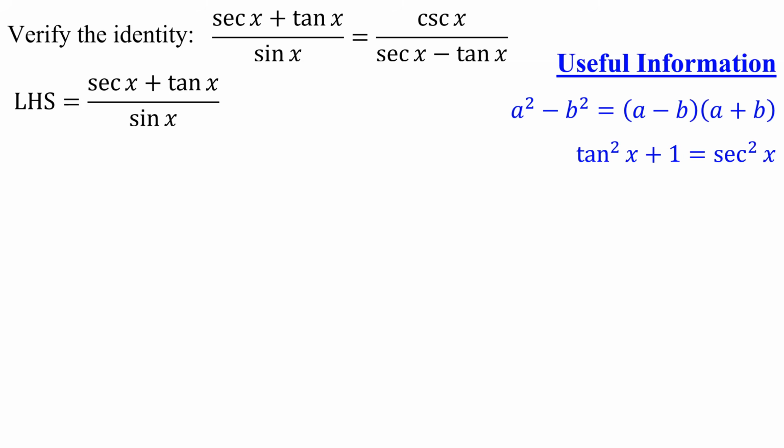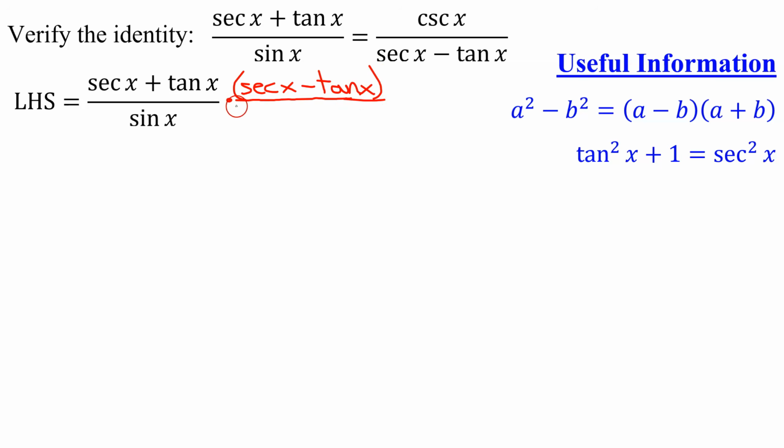The reason this is useful is that if you multiply two conjugates together, you get the difference of two squares. So in this problem, I'm going to multiply numerator and denominator by the conjugate of this binomial. So I'm going to multiply by secant x minus tangent x.